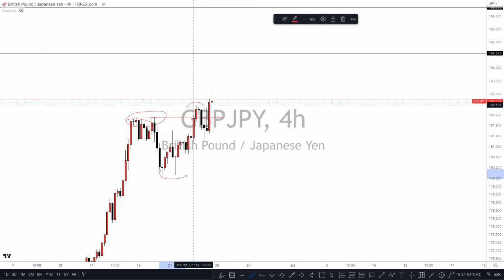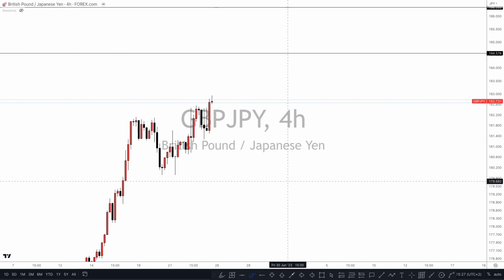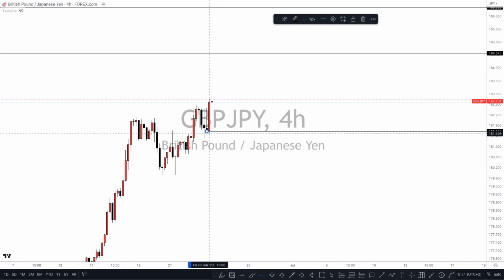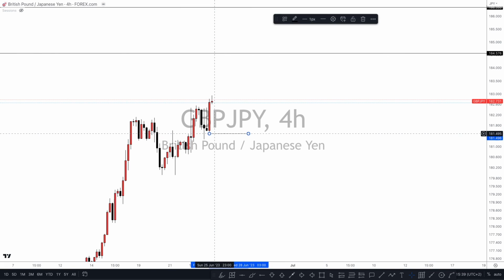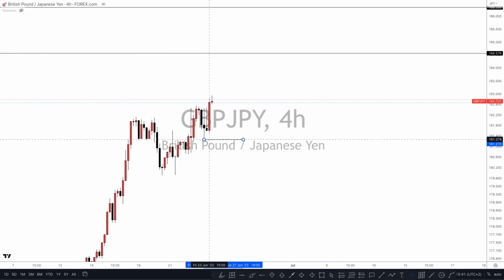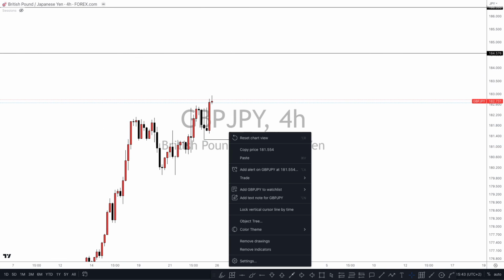Price broke above that to create a higher high there with our high low here. Same procedure, marking that higher low, and our higher low is just down here, which is the lowest point before we move to the upside.